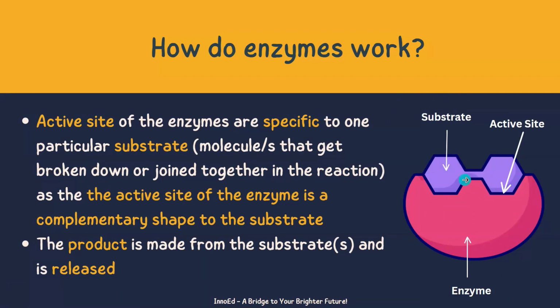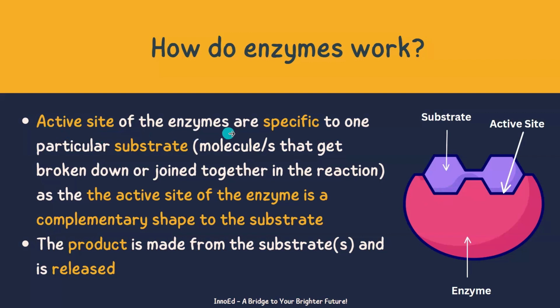The shape of the active site is complementary to the shape of the substrate that it has to work on. So here you can see that these two surfaces are perfectly complementary so that they can fit just like a lock and key. This is called specificity.